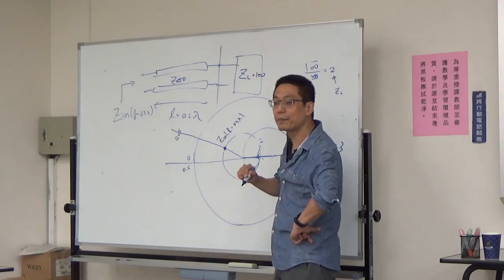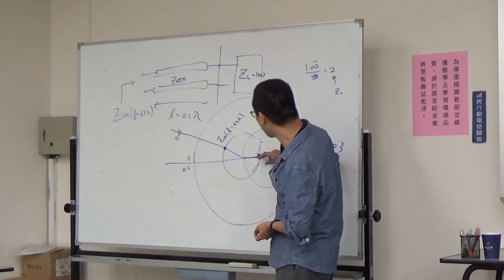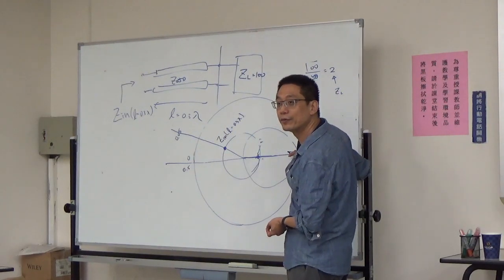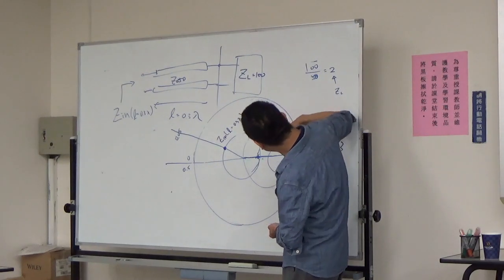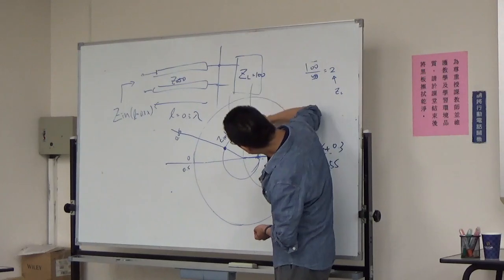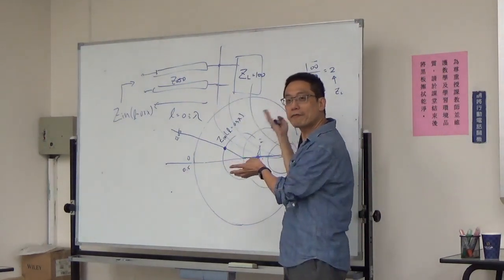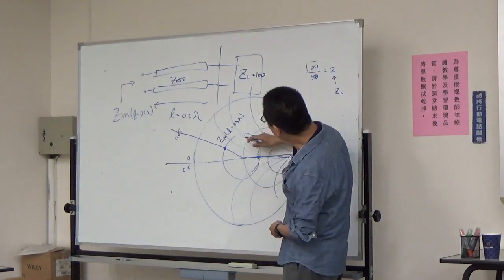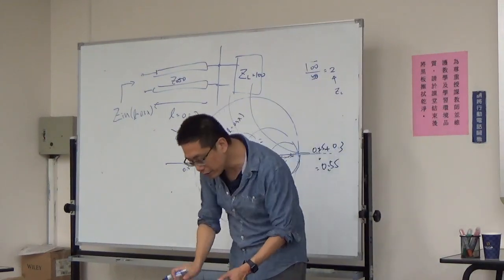But so far you learn only the pure number. I told you the pure number is on this X axis, right? You know the number here. There are also numbers in the upper half and the lower half. Those are the positive J and the negative J. You can read the number.